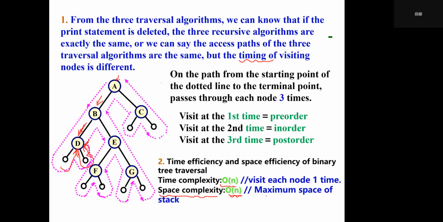In which case? If the binary tree is a skewed binary tree. So there are n nodes in this binary tree, and you need to supply a stack with n space, right?